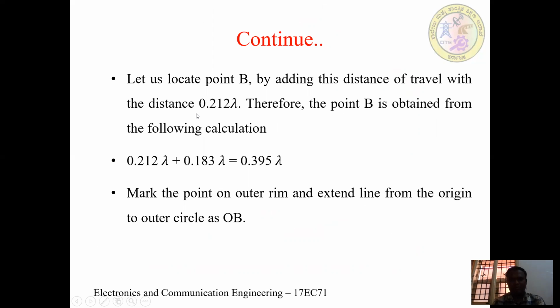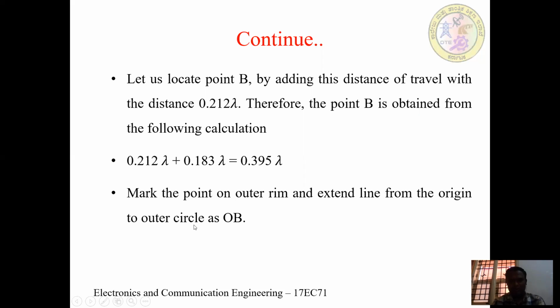To reach that extreme end horizontal line, 0.212 lambda plus 0.183 lambda gives 0.395 lambda.